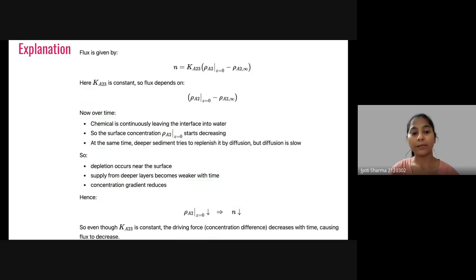Just the blame that you can put is on the diffusion process being very slow. If some concentration is removed from the interface, there should be some concentration that should move to that place, but moving from bottom to up is a very slow process, and that's how your flux will be decreased.